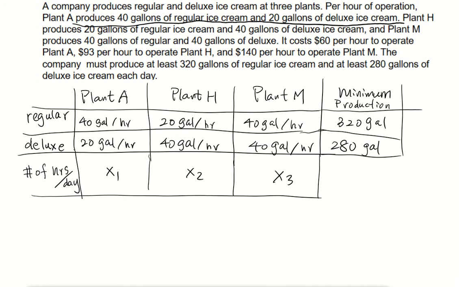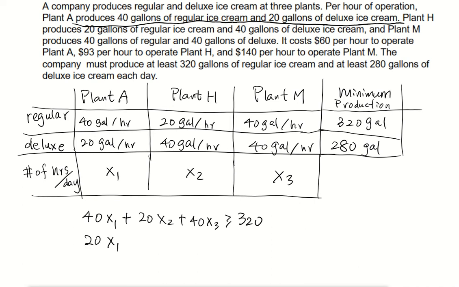We can make the following 2 inequalities. 40x1, which is the number of gallons of regular ice cream produced by plant A, plus 20x2, plus 40x3. This should be less than or equal, minimum, right? So greater than or equal to 320.